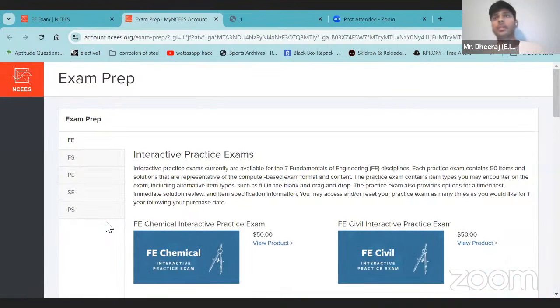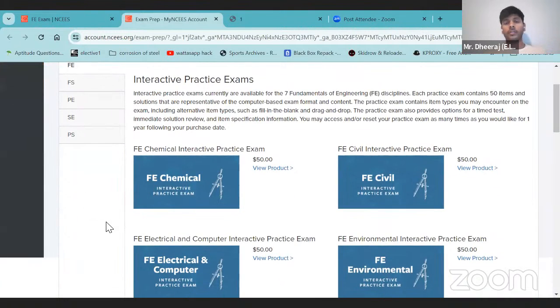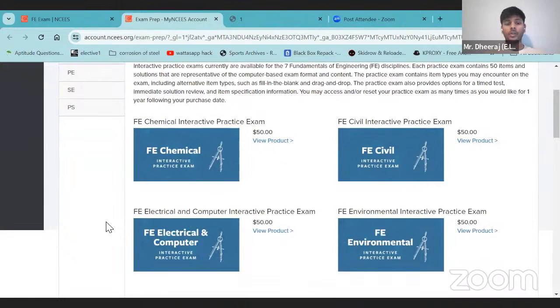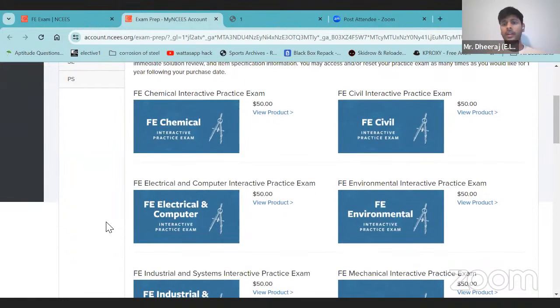This is the most important thing. Even if you do not really practice every subject, try to do this one. The moment you start your preparation, first download your syllabus paper, download your handbook, and apart from these two, the next thing you do is download a practice paper, like the FE Civil Interactive Practice paper, which is like $50.